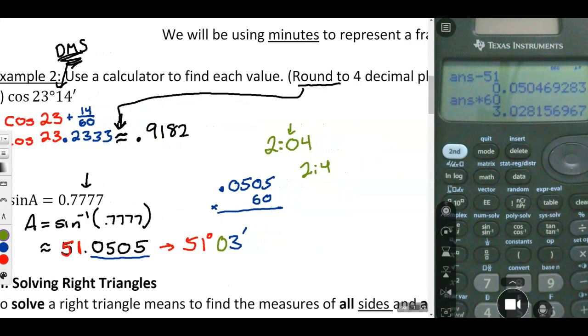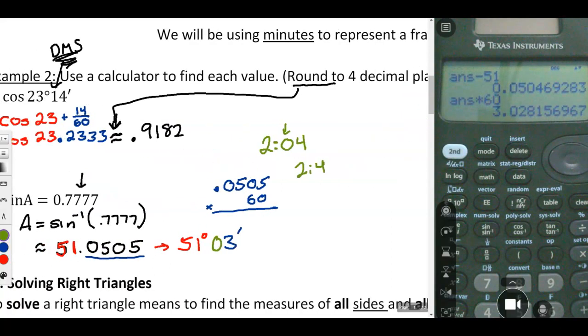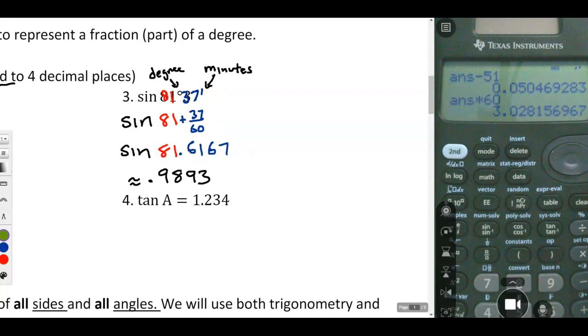All right, so give tangent 1.234 a go. And as we're doing this, think about this before you go calculator on it. Will the answer be bigger than 45 or less than 45?